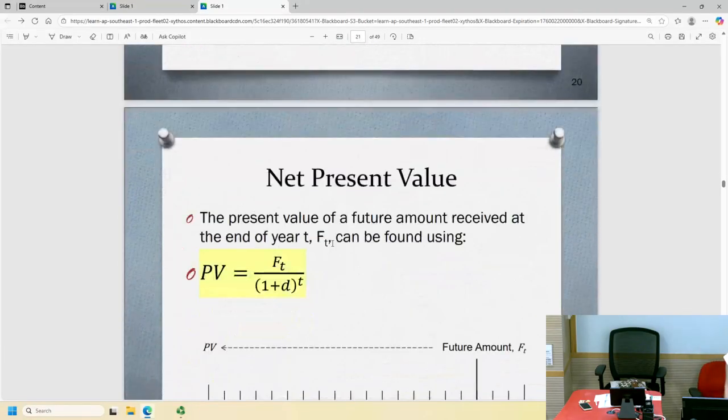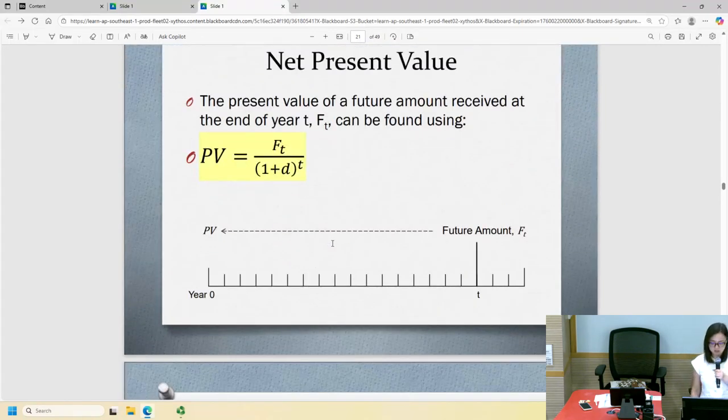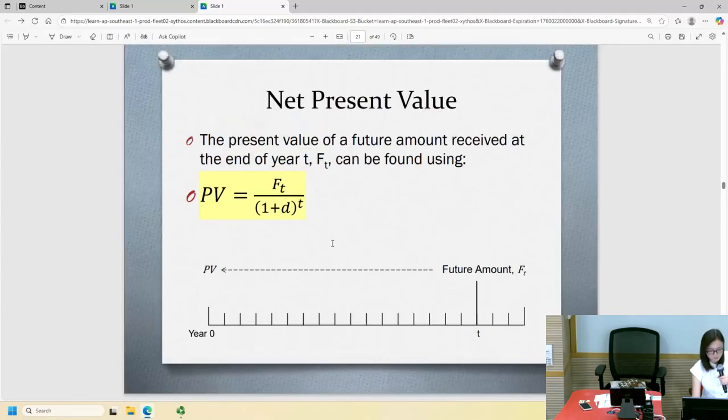Okay, and the equation for calculating the present value is something like you put the money in the bank. Let's say you have $100 and you put it in the bank.